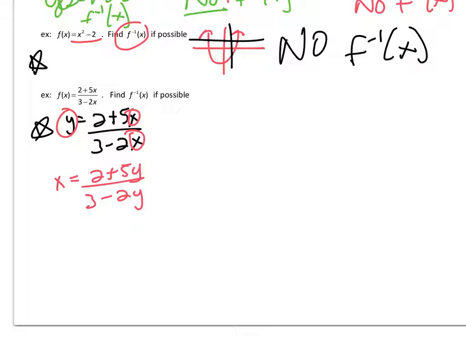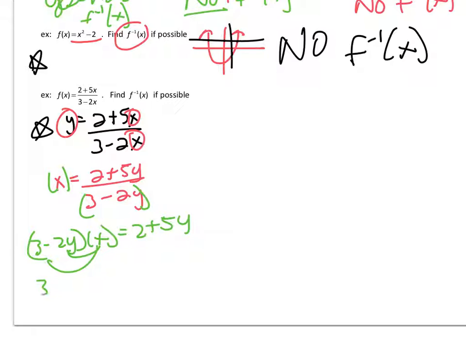Okay. Now we need to get y by itself. So in order to do that, we're going to have to multiply 3 minus 2y times x. You're going to have to do some math. Distribute, that's 3x minus 2yx equals 2 plus 5y.